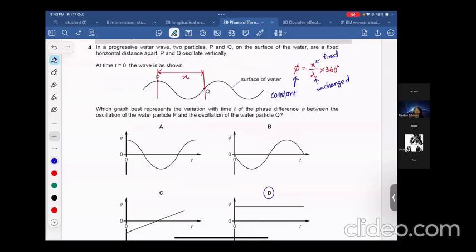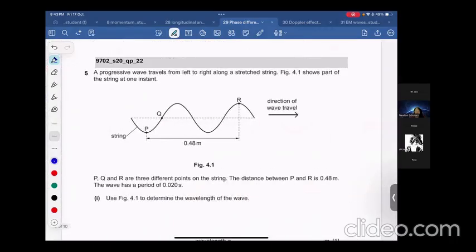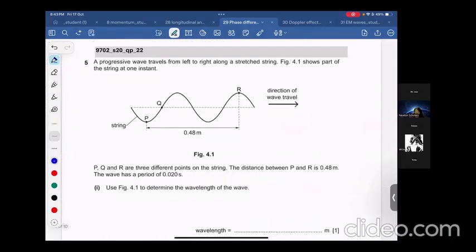Is it okay? Can we proceed to the next question? Yes or no? Okay, then it goes to the next page.